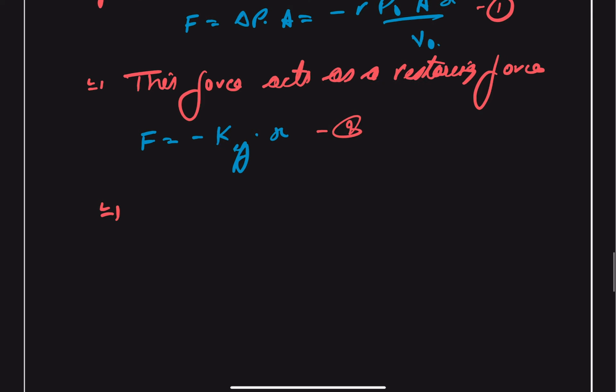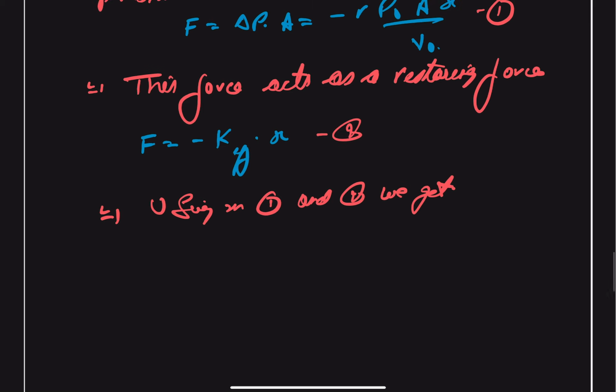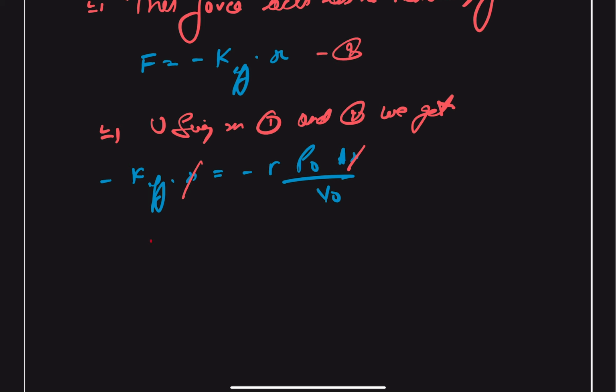So using equation 1 and 2, we get K effective x is equal to minus gamma P naught Ax upon V naught. Here x cancels with x, and we get that our K effective will be equal to gamma P naught A square upon V naught.